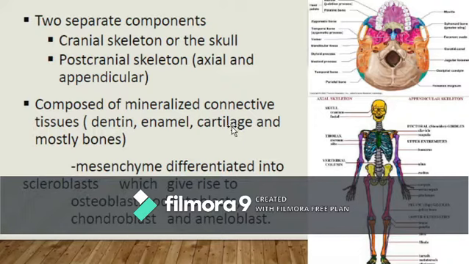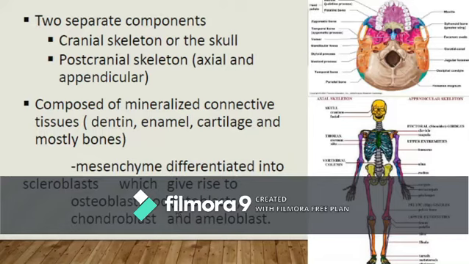The skeleton developed from mesenchyme, differentiated into scleroblasts, which give rise to osteoblasts, then to odontoblasts, chondroblasts, and ameloblasts. Odontoblasts produce dentine, usually found in our teeth, that produces a hard covering of our tooth.